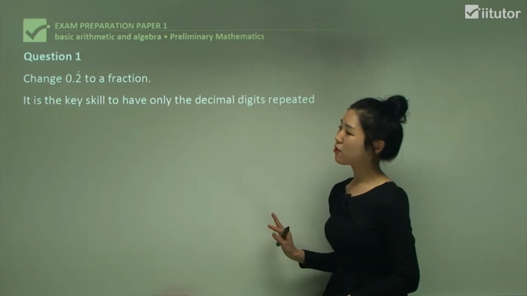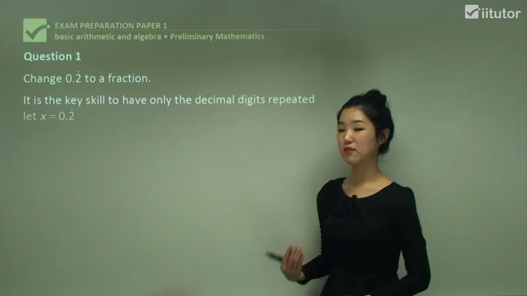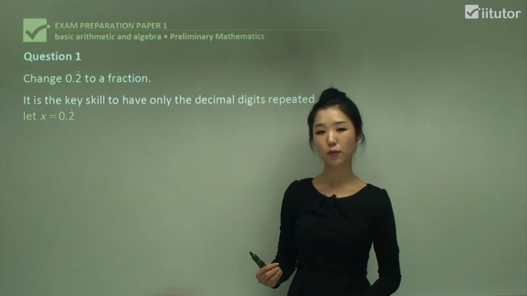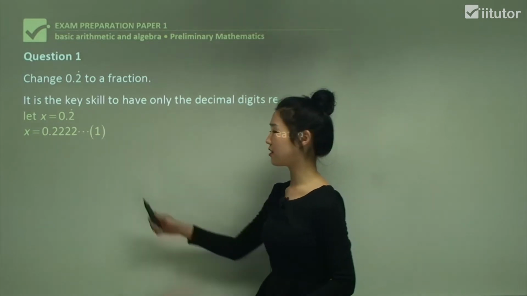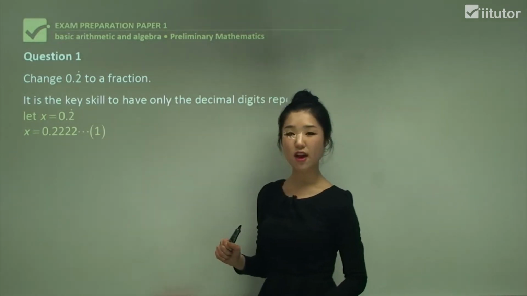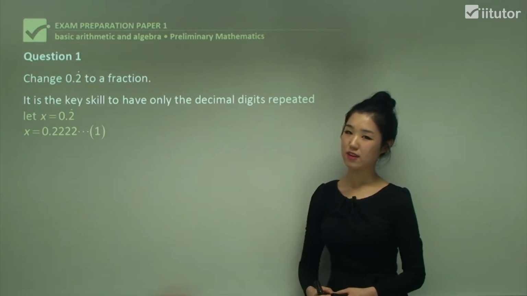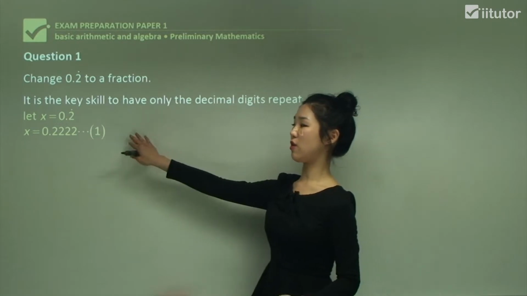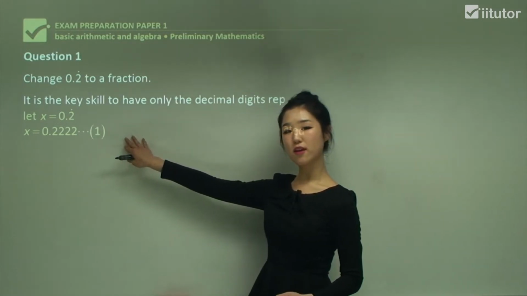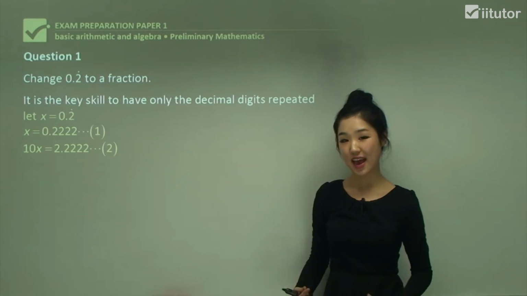To start off this question, what I'm going to do is let x be 0.2 recurring. So x is going to be 0.22222. I'll just let that be my first equation. Now, what I'm going to do next to solve this question is multiply equation 1 by 10, so I'm multiplying both sides by 10.